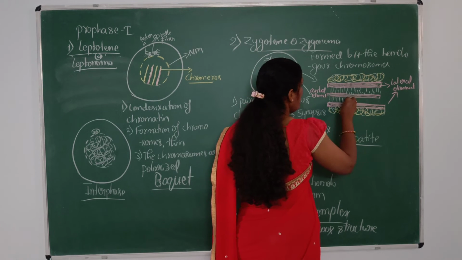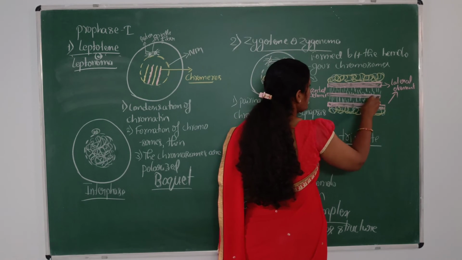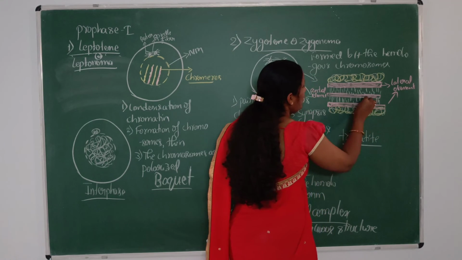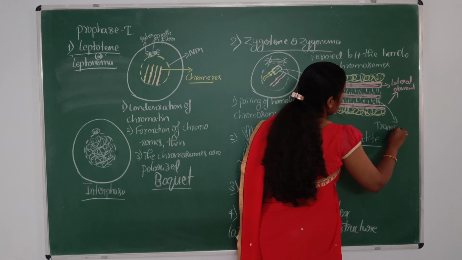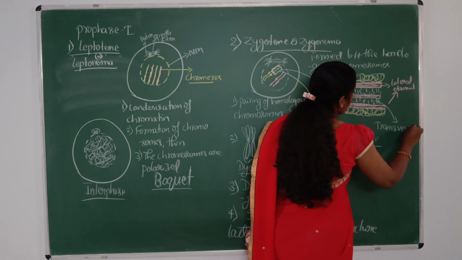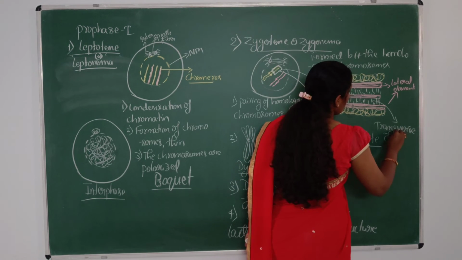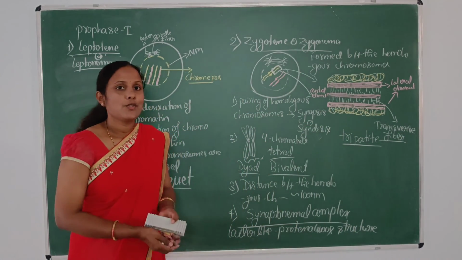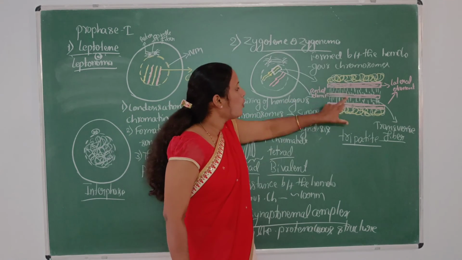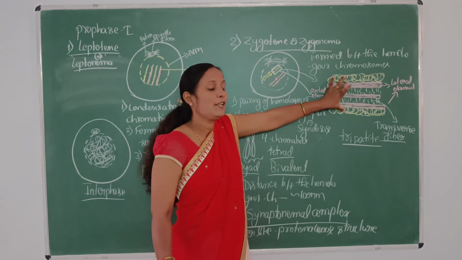So these are the transverse proteins, or we can say transverse fiber. This is called transverse fiber. So this is how the two homologous chromosomes stay together.